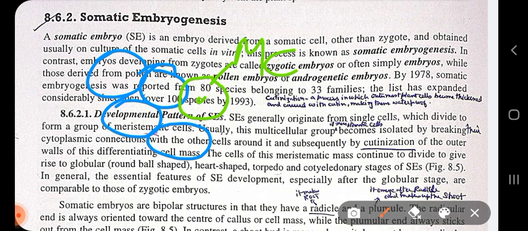Now, this multicellular group of meristematic cells become isolated by breaking their cytoplasmic connections with other cells around it, and subsequently by cutinization of the outer wall of this differentiating cell mass.